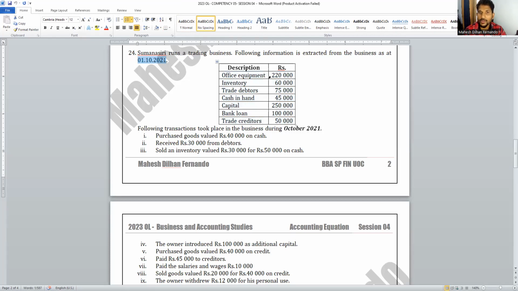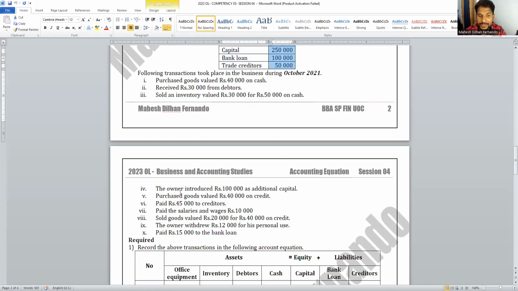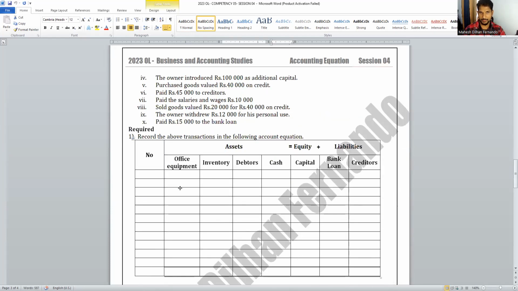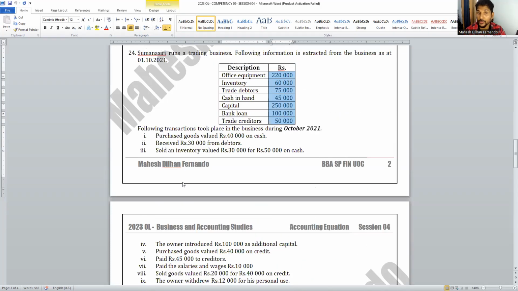So, after recording these balances, we have to record the impact of these transactions. In all other questions there were no opening balances, but here we have a set of opening balances to be considered. Therefore, children, please concentrate on how I'm going to make the recording.